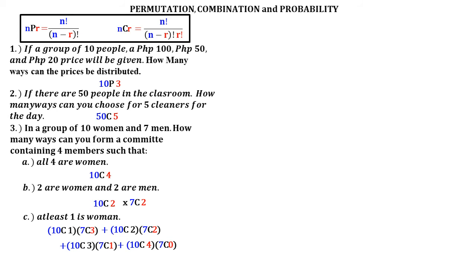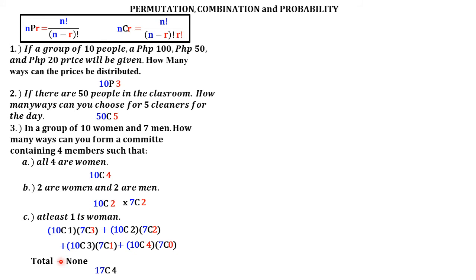If nabasa mo na yung word na at least, you can use this formula, the total less none. Medyo creepy kasi ibabawas natin ay wala. So, ano ba yung total? Meron tayong 17, so from the 17, pipili tayo ng 4. Ano ba yung wala?